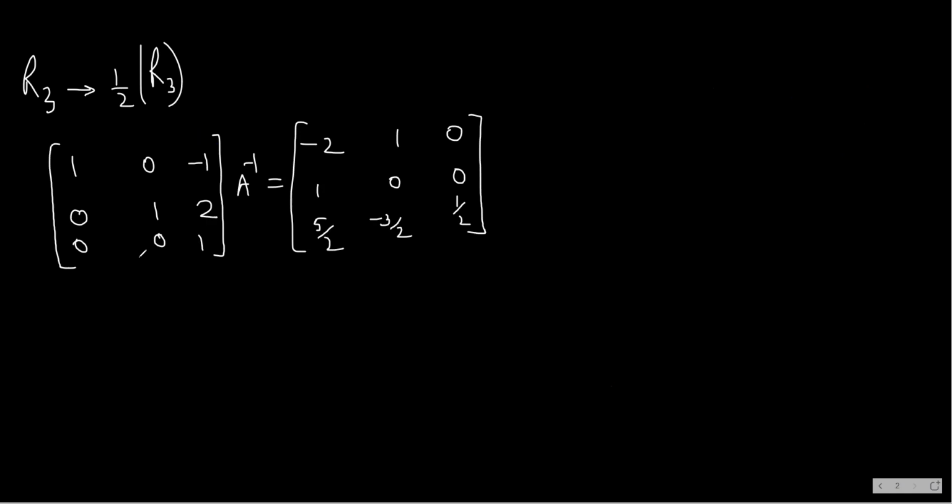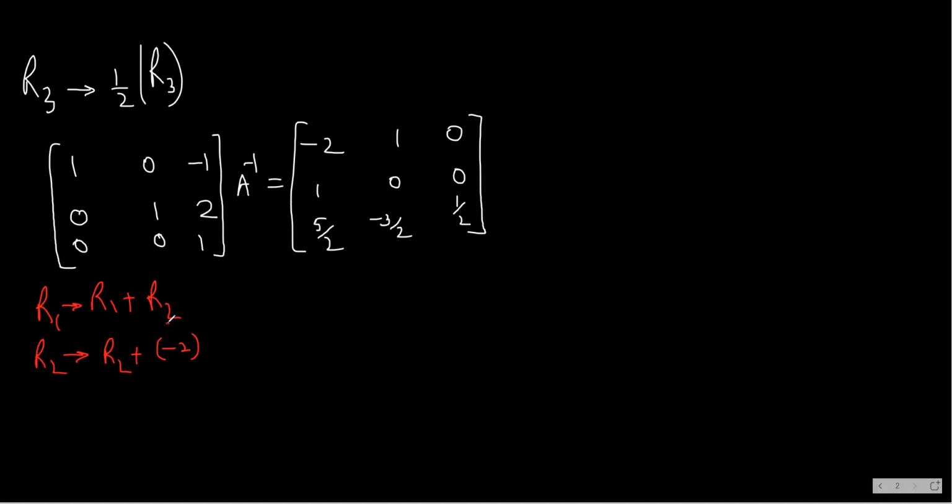So here you will write R1 changes to R1 plus R2. See, simply add and you will get 0 here. You see this? R1 plus R2. And here you write R2 changes to R2 plus minus 2.